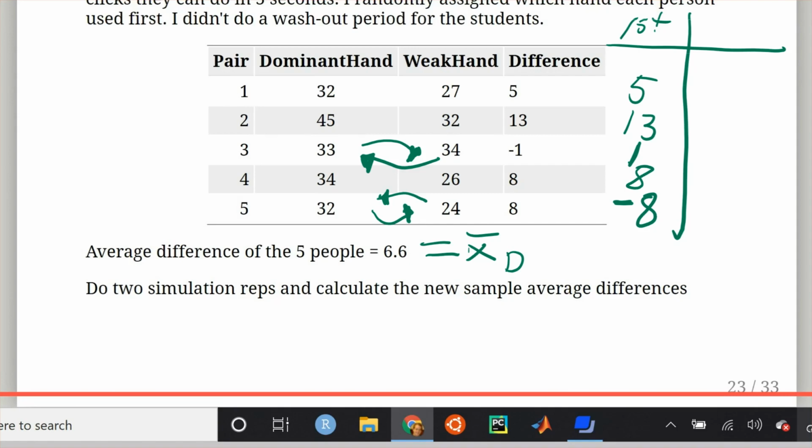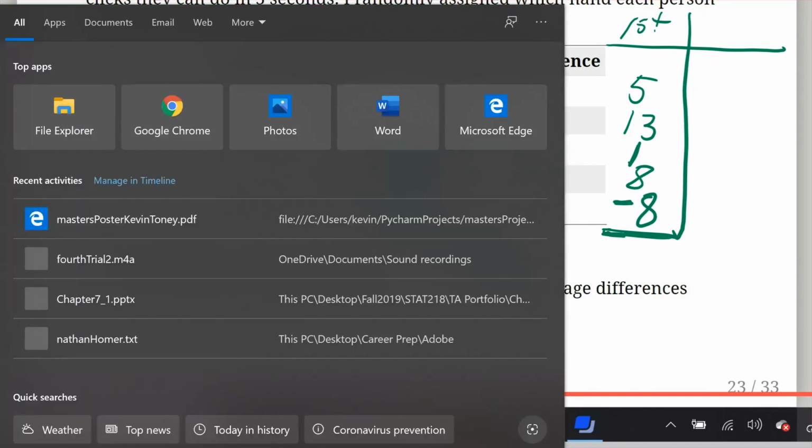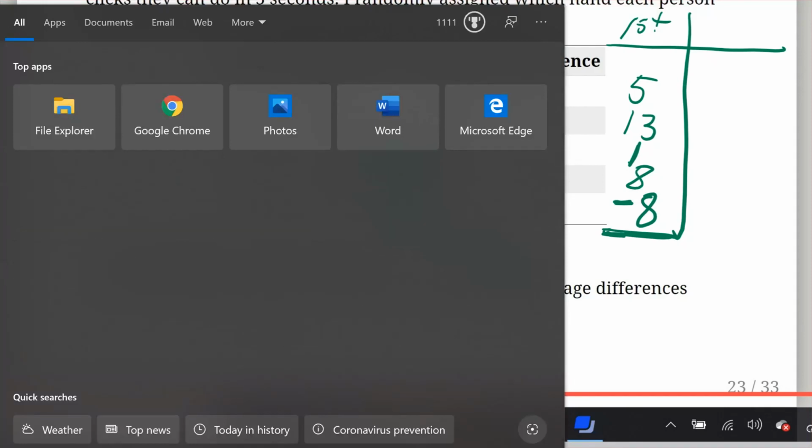So these are my new differences in my first simulation. I'll average out these differences, and that will result in a new sample statistic. That new sample statistic is 3.8.